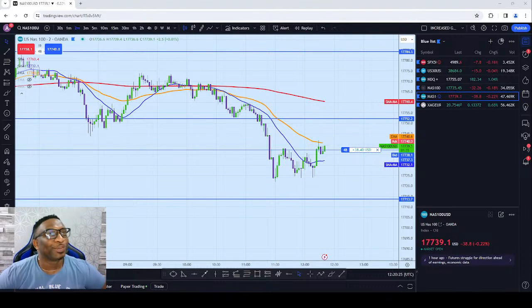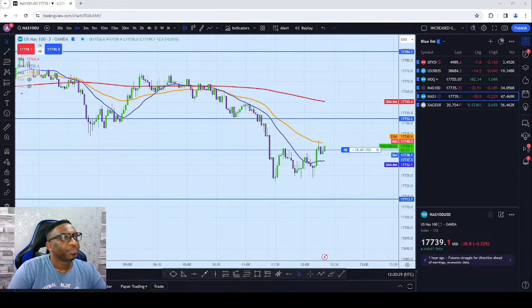Okay, so whilst I was waiting for people to come in, I just took this trade on NAS. Based off the fact that this pin bar came up, we had a dual pin bar forming here, and then after that we had this bull candle pushing above the blue line.